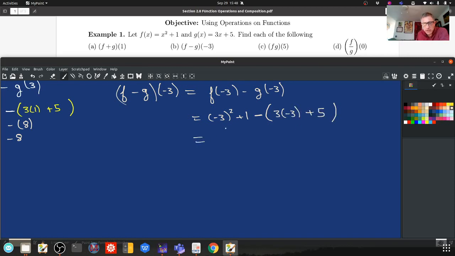So let's go ahead and just simplify. Minus 3 squared is 9, and I'm going to add 1 to it. And then I'm going to subtract. 3 times minus 3 is minus 9 plus 5. That gives me 10 minus, what do I have in parentheses? Minus 9 plus 5 is minus 4. So the end result is 10 plus 4, which is equal to 14.